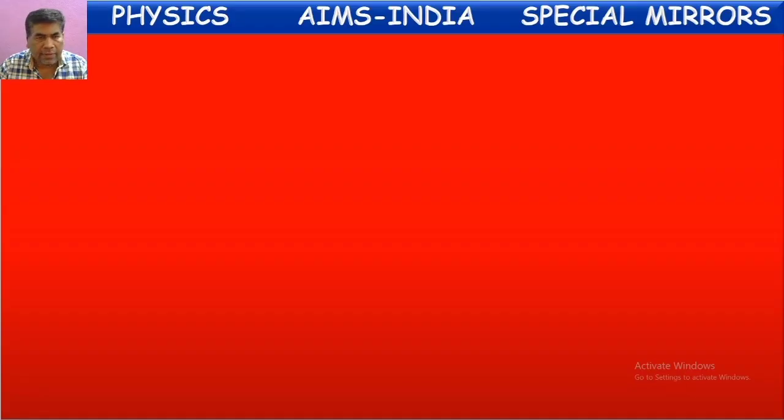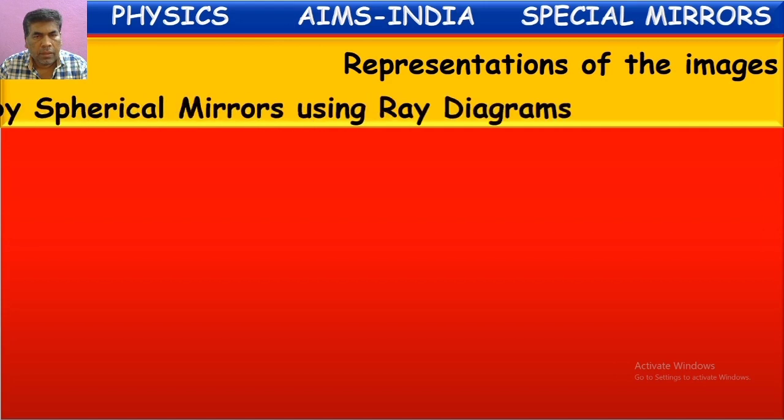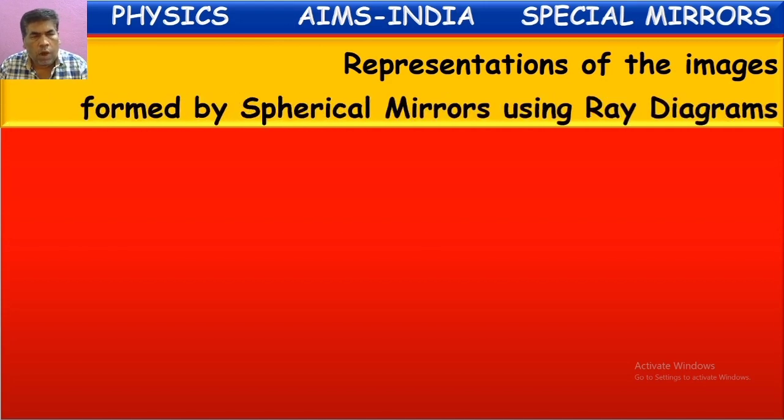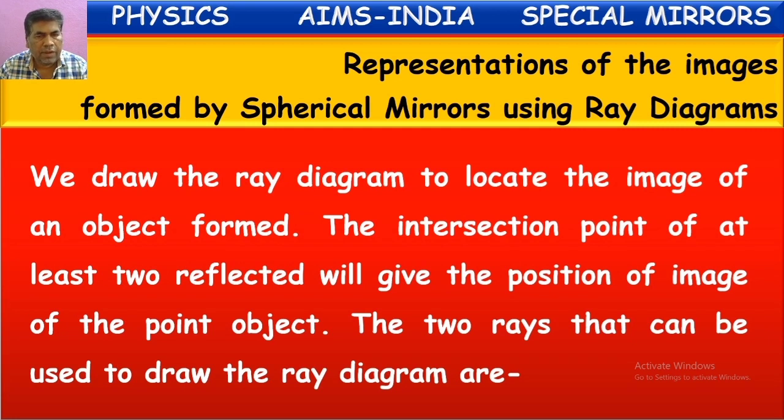In yesterday's class, we learned about images formed by spherical mirrors with the help of ray diagrams. We have told that for finding the image we need at least two rays.